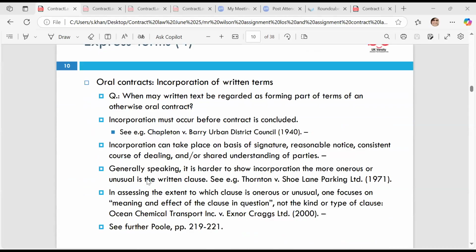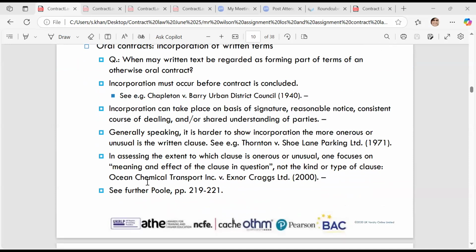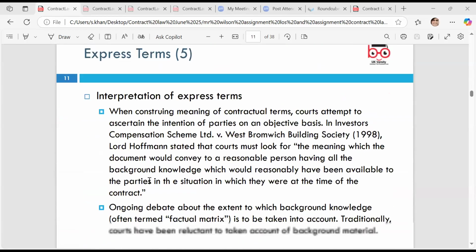Oral incorporation: as we said, it could be incorporated orally as well. The case of that is Chapelton and Barry Urban District Council. And generally speaking, it's harder to show incorporation the more onerous or unusual the term is.